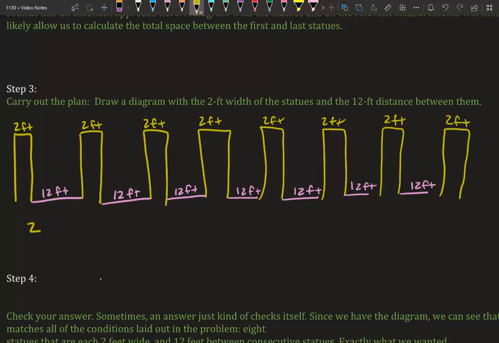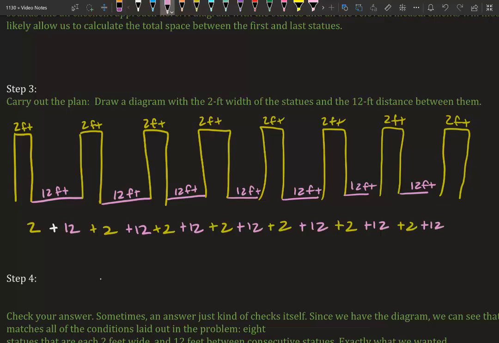So we have 2 plus 12 plus 2 plus 12 plus 2 plus 12 plus 2 plus 12 plus 2 plus 12 plus 2 plus 12 plus 2 plus 12 plus 2.